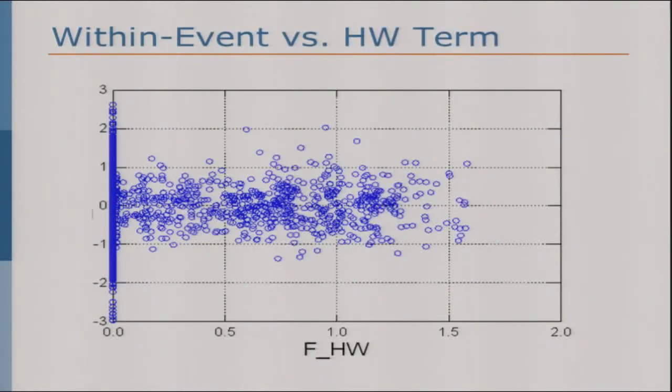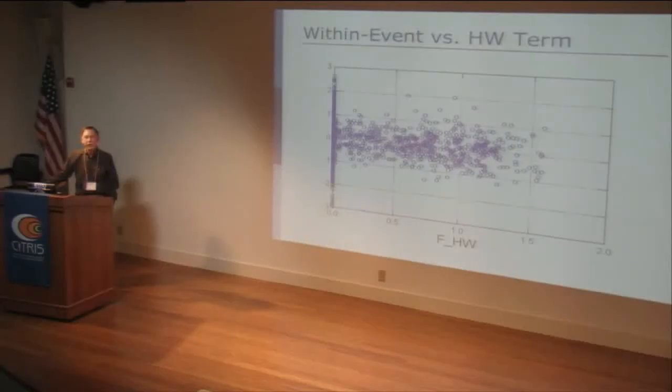Now, here's against the hanging wall term. And so this is what I'm mentioning. If we're using Jennifer's model with the distance taper that we have off the edge of the fault, which is a function of Joyner-Boore and rupture distance, this is the residual analysis. Basically, the high numbers here are recordings over the rupture plane, because that's where you are going to get those high hanging wall terms.